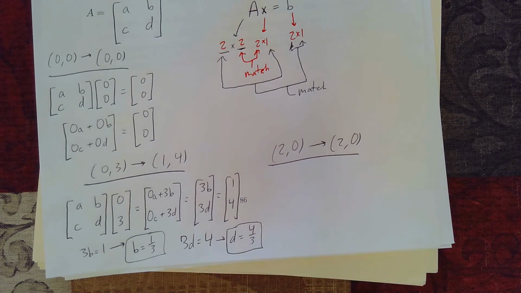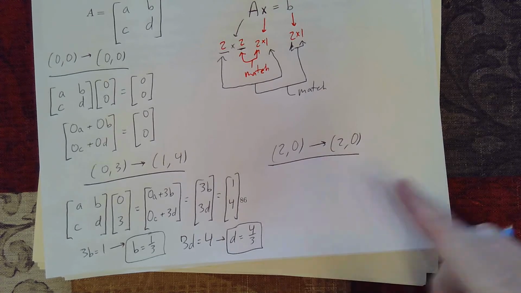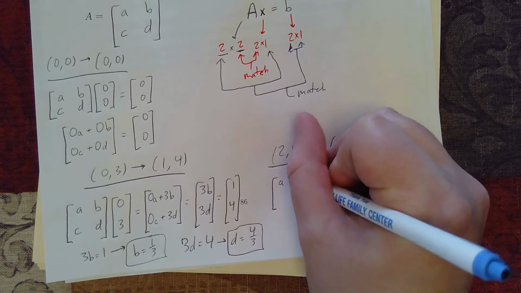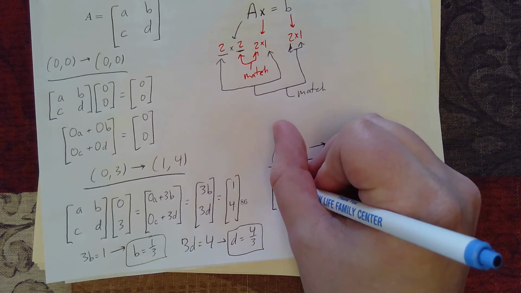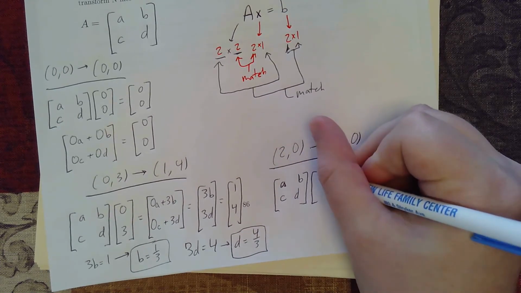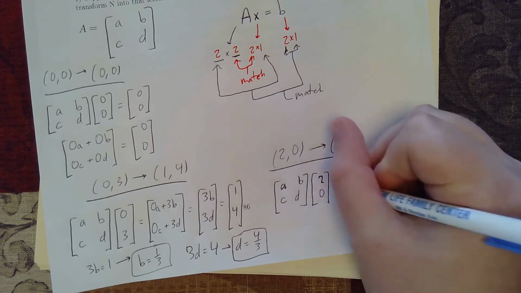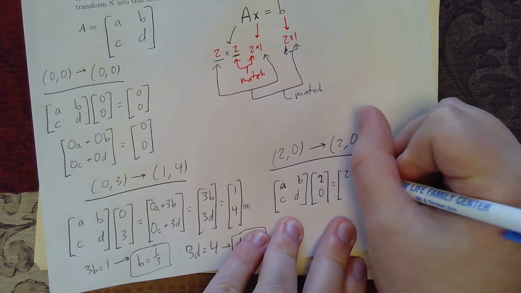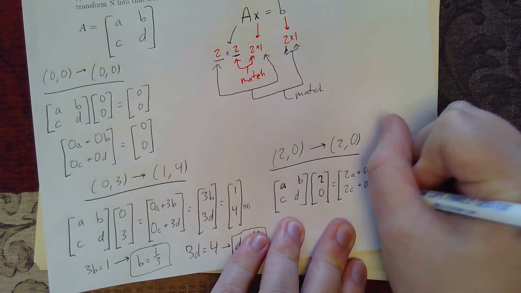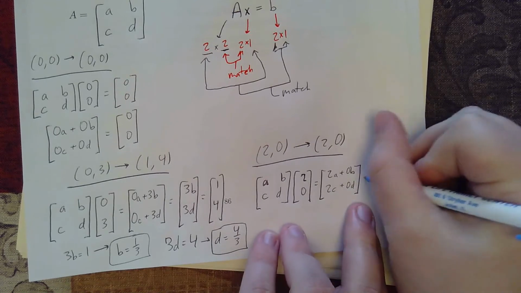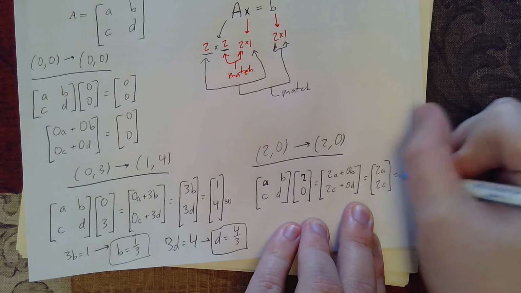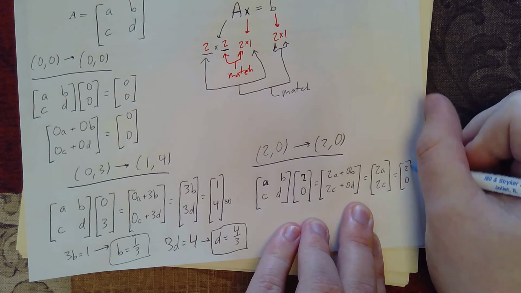Now we have some of the information we're looking for, and we can use that when we get to this point. Here we'll just use a, b, c, and d again. We could plug in the information we know, but maybe we'll save that in case we need it. A times 2, 0 will give us 2a plus 0b and 2c plus 0d. So what we end up getting is 2a and 2c equals 2, 0.